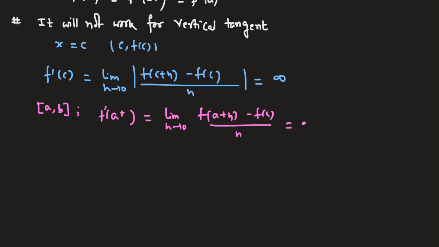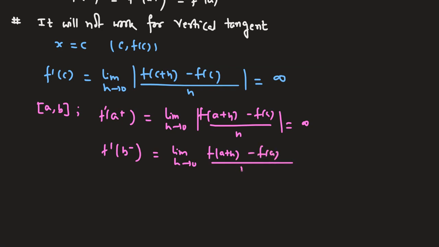If this is infinity, or f dash of b minus, here also limit h tends to 0, and it is also infinity.